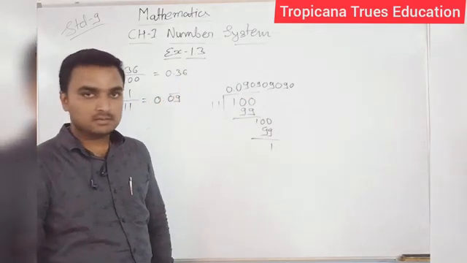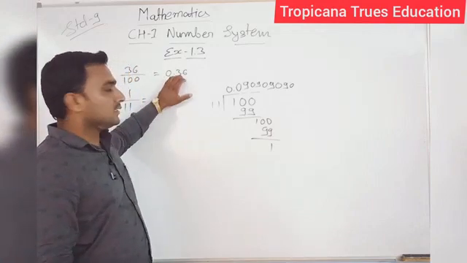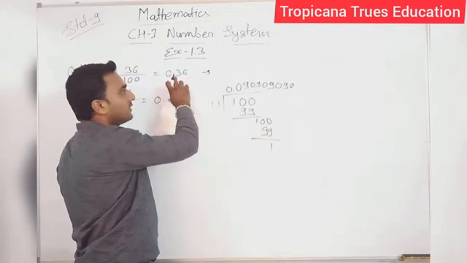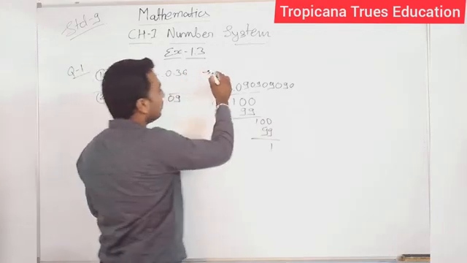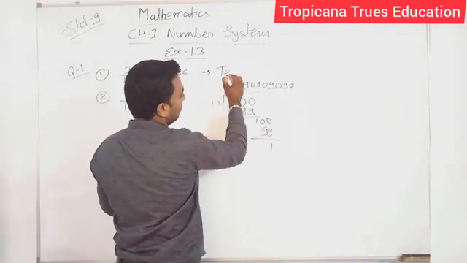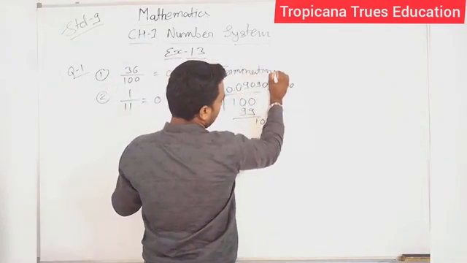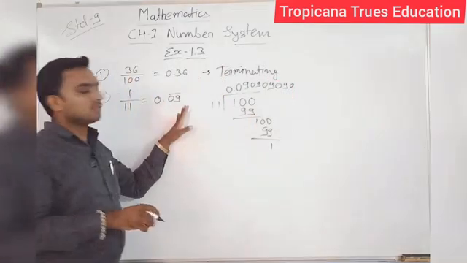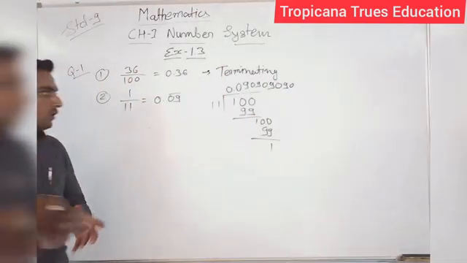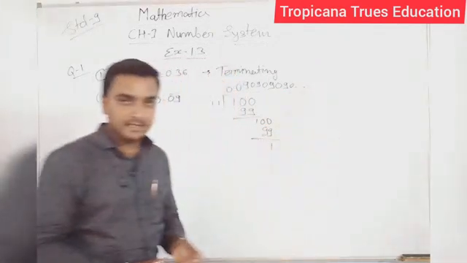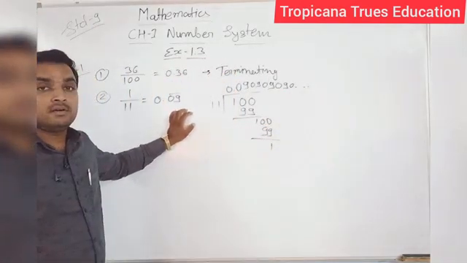Okay? Clear? Now see, this is the terminating number. Why? Because it stops after the decimal point. Okay? So here it is a terminating number. Terminating. And this one is a non-terminating. Why? Because it does not stop after the decimal point. So that's why it is non-terminating, but recurring.